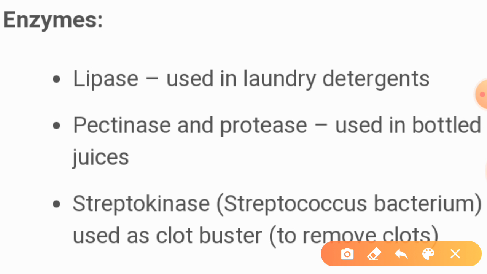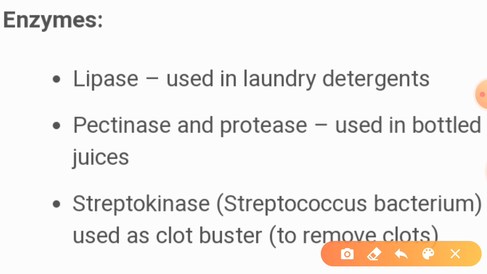If we talk about some special kinds of enzymes which are given in our syllabus, that is lipase. As you heard about the lipase enzyme in your digestive system in previous classes, where you know that it is helpful for the digestion of lipids and fats. But here this lipase can be produced by industry for the formation of detergents, right?